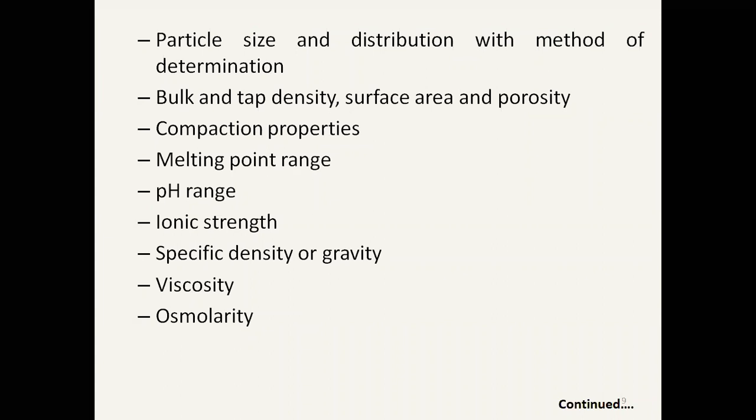Then the bulk density, tap density, surface area, and porosity. Again, it is required for the solid dosage form. So all this information, that is its bulk density, particle size, intrinsic solubility, melting point, pH, ionic strength, viscosity, viscoelasticity, and osmolarity, should be provided by the SU to RU.